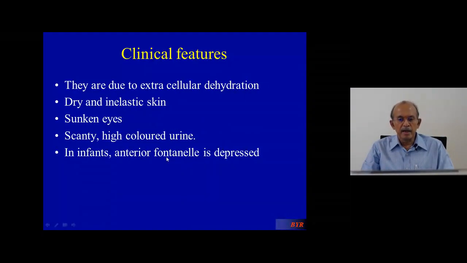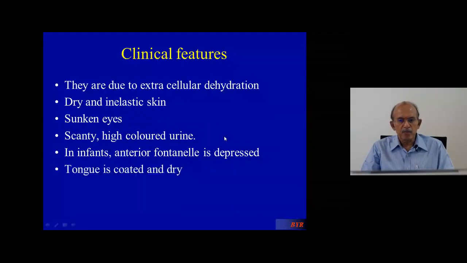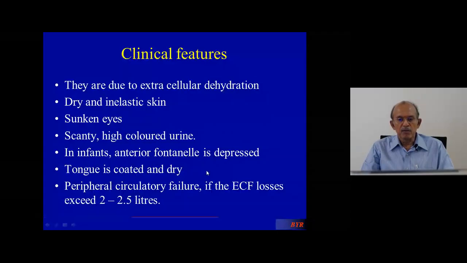In infants, anterior fontanelle is depressed, tongue is coated and dry, peripheral circulatory failure if the ECF losses exceed 2 to 2.5 liters. That means if the person vomits about 2 to 2.5 liters, for example, then he will go into peripheral circulatory failure.